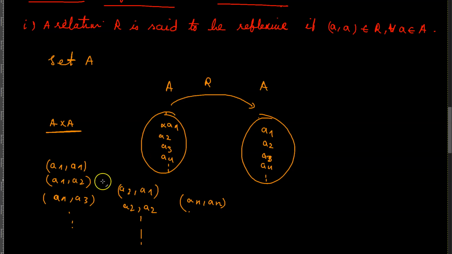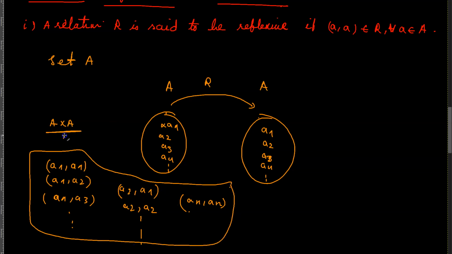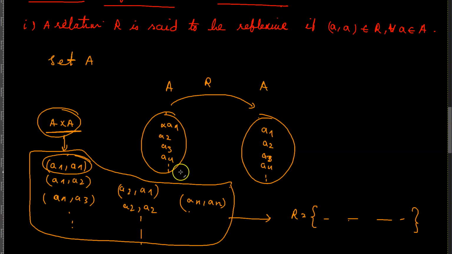Now if you put all of these together in a set, that becomes the Cartesian product of A and A. A subset of the Cartesian product of A and A would be R, meaning that R gives you a rule, and based on that rule you pick some of these ordered pairs and put them in some set called R. That set R would be a subset of the Cartesian product of A and A, right?